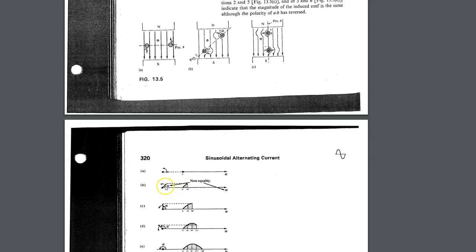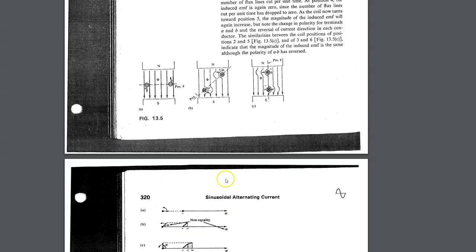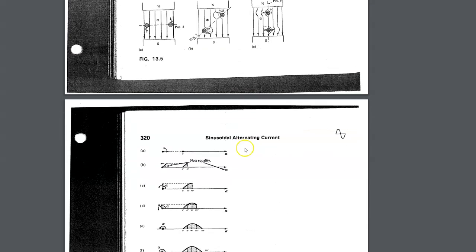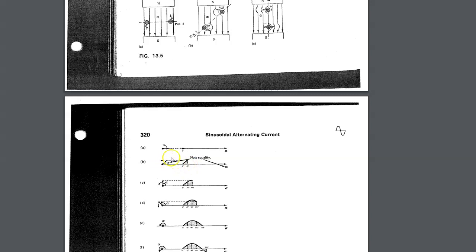As that angle starts to increase, so maybe we move from position 1 to position 2, you can see down here now, when that arrow is up at position 2, there's a projection. This represents the height of the shadow that would be right here. They're showing you at whatever it looks like, 45 degrees, I get more projection, which indicates more voltage and more current. But look at what happens at 90 degrees.